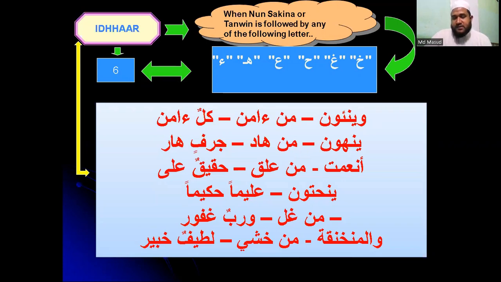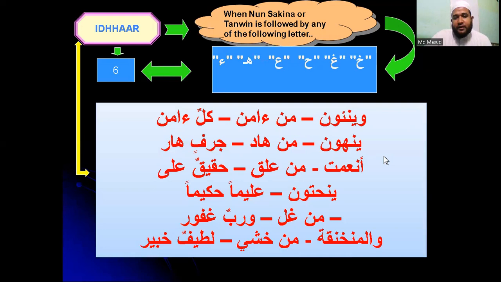Wayan awna, without any long ghunna, just a clear pronunciation. Let's see, wayan awna. Man amana, kullun amana. Here, Hamza, which is a huruf al-halqiyya, comes after tanween dhammatan. That's why we are not going to make ghunna here. Just a short clarification. That's it.